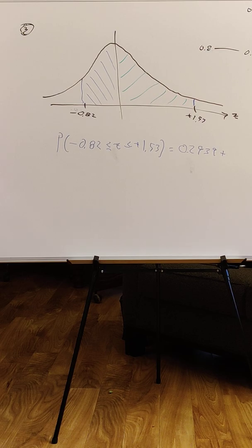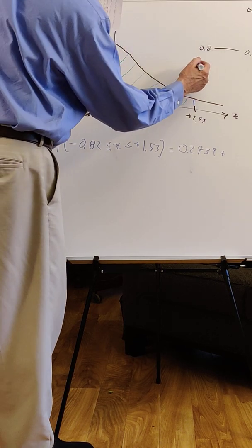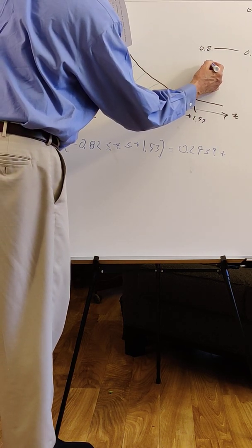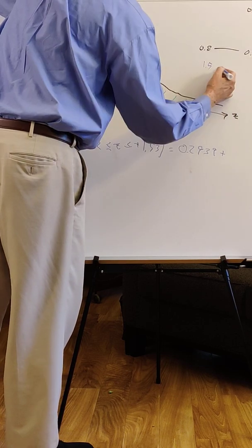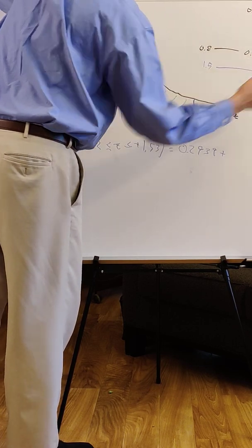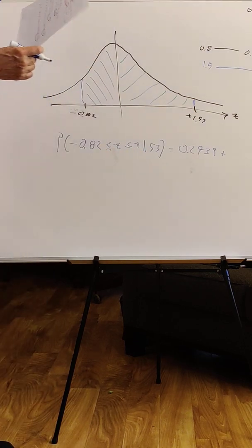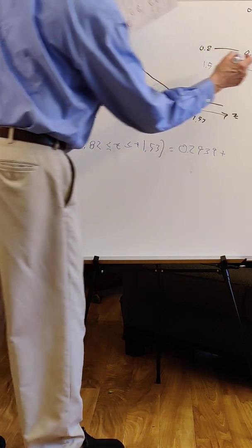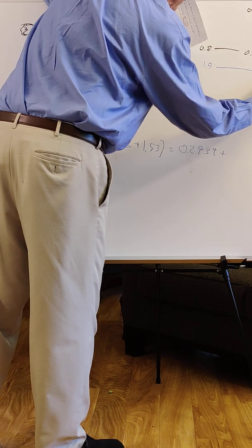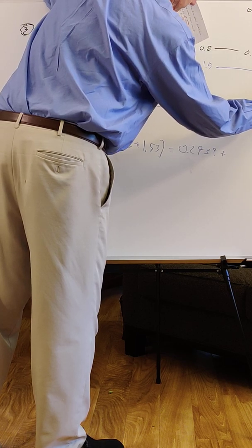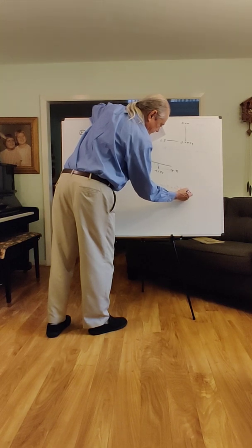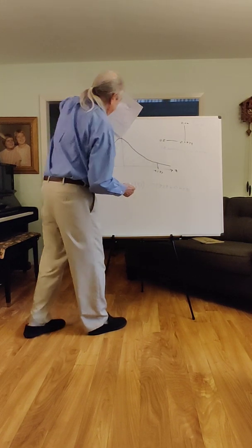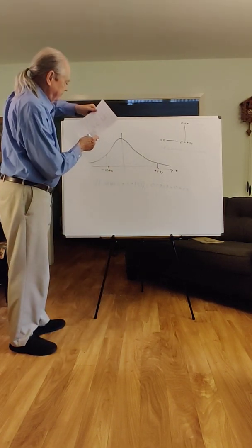So we look that up in our table. We find 1.5 here and 0.03 here. We follow our eye over, and that number turns out to be 0.4370. So we just add these two values together. And the answer turns out to be 0.7309.